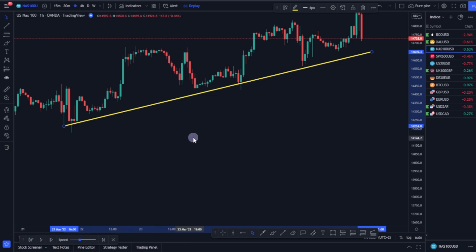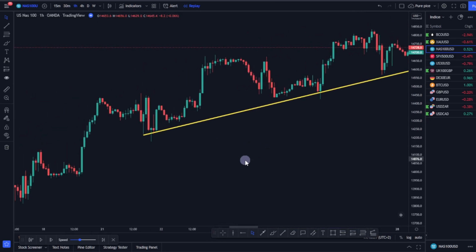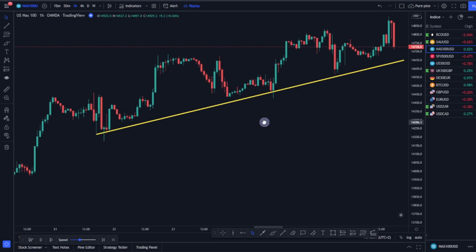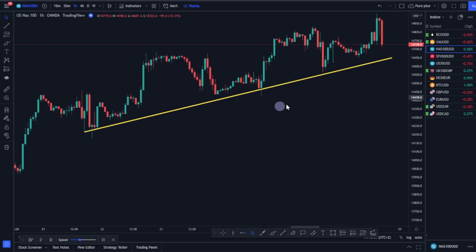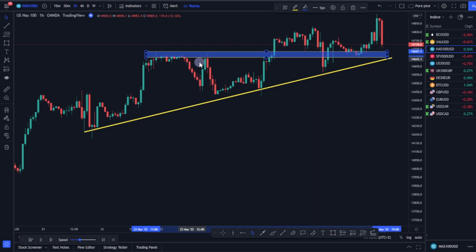What you have to pay attention to is the area or the zone around this trend line. For example, remember that when we draw support and resistance, we don't draw a straight line. We draw a region like that, because we know that price can obey a straight line.